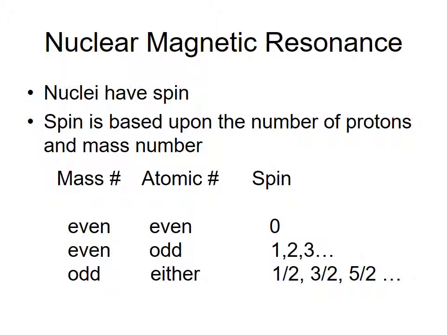Well, nuclei have spin, and what we find is that the spin of the odd mass nuclei are very useful when we're trying to detect them and look at their magnetic environment.